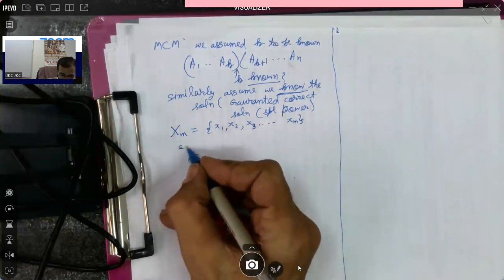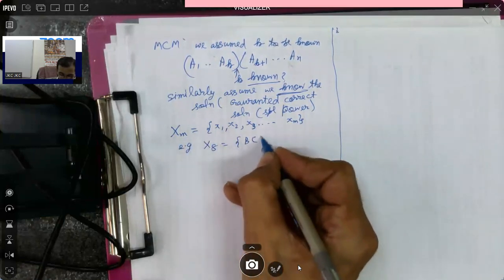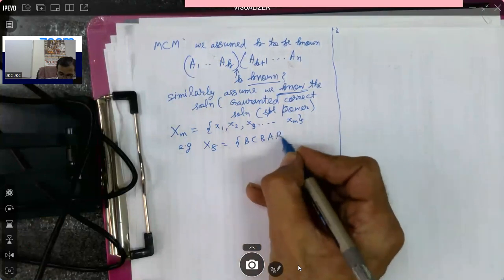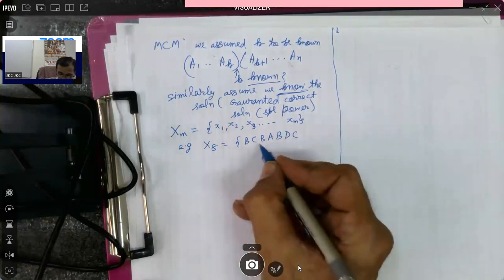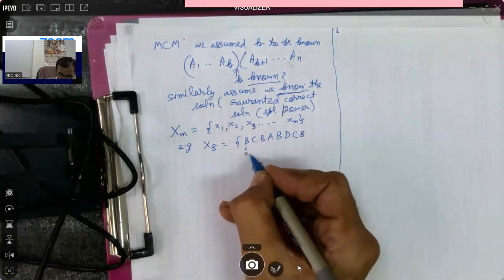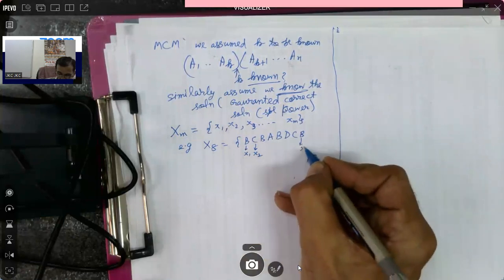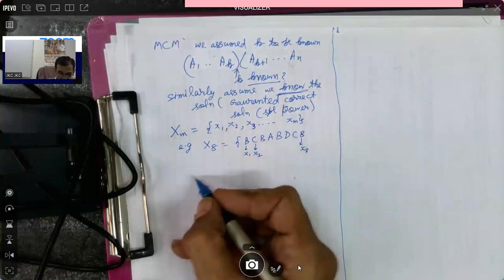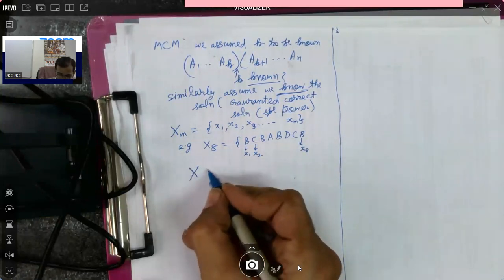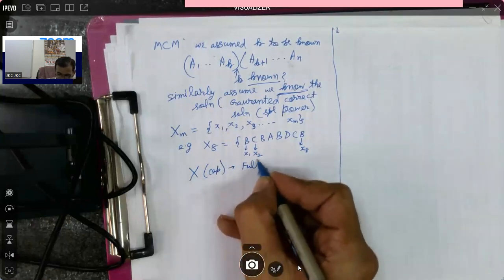For example, X8 could be B, C, B, A, B, D, C, B. So this becomes small x1, this becomes small x2, this becomes x8.